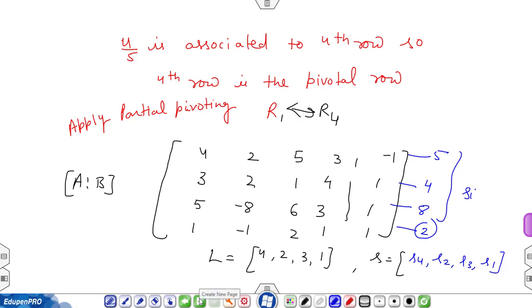After that, partial pivoting is done because we have interchanged the row. Now we have to apply the Gauss elimination method. For that, we will define multipliers M21, M31, M41, which we will compute.